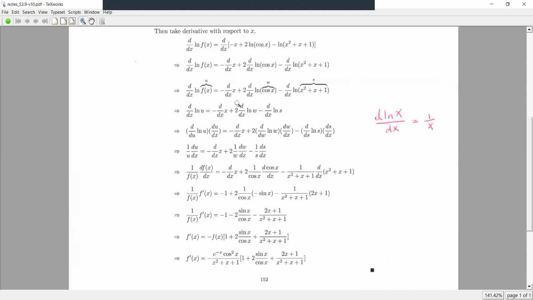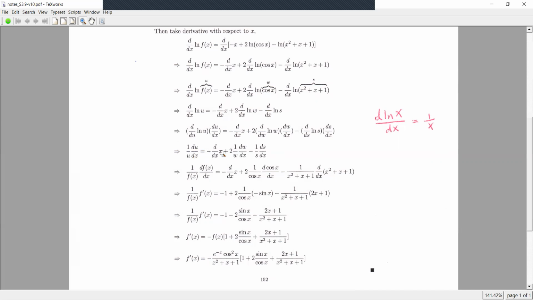Similarly, by the chain rule, I write this derivative as the product of these two derivatives, and write this derivative as the product of these two derivatives. Now, the derivative of natural log of u with respect to u is 1 over u. The derivative of natural log of w with respect to w is 1 over w. The derivative of natural log of s with respect to s is 1 over s.